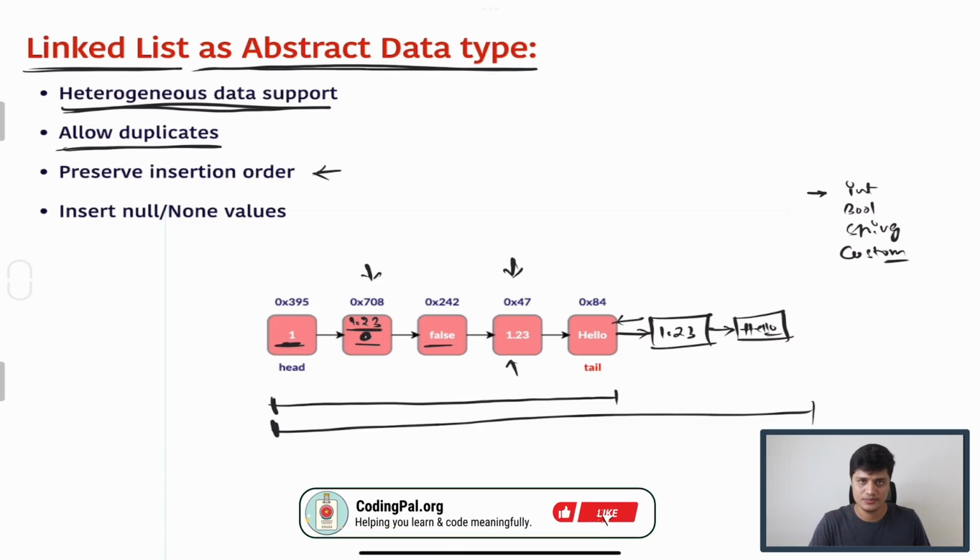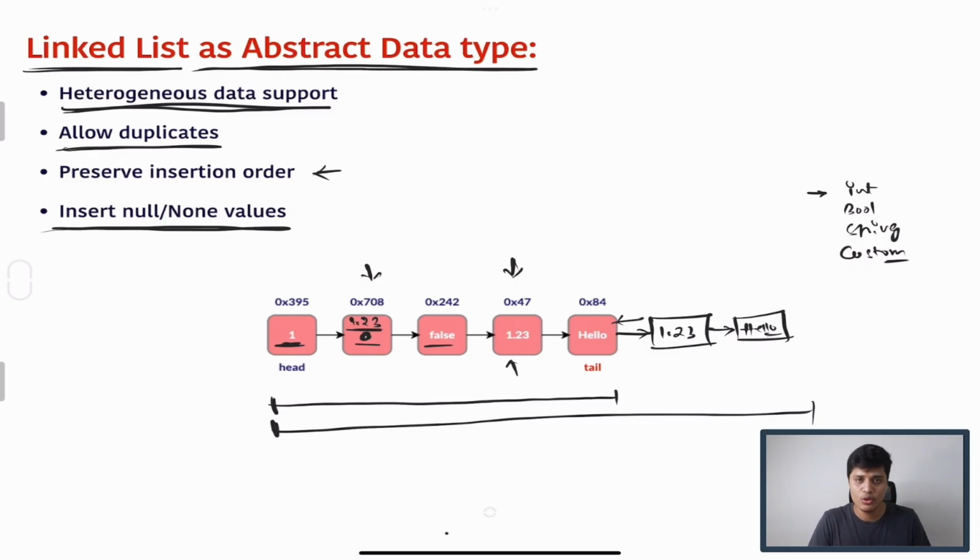And the fourth property for implementing the linked list is supporting null or none values. Remember that null is for the people who are learning it using either Java or JavaScript, and none is for the people who are implementing it using Python.